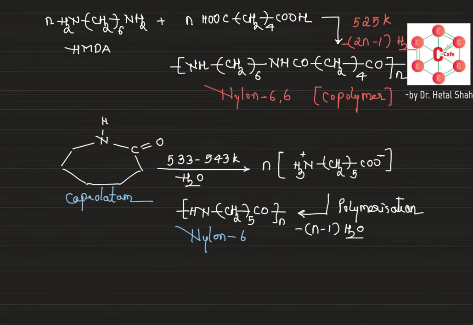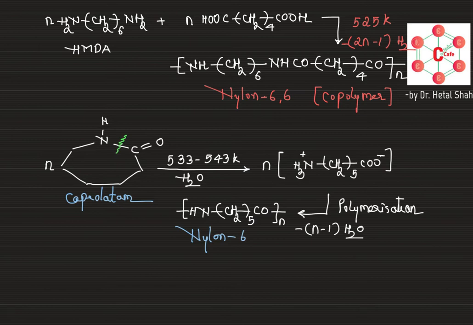The first thing that happens is hydrolysis. This is caprolactam here. Caprolactam is a cyclic amide, and that is where the reaction begins, where the bond breaks here and undergoes hydrolysis. This hydrolysis would give us a zwitterion, right? And N molecules of zwitterion are formed if you take N molecules of caprolactam.